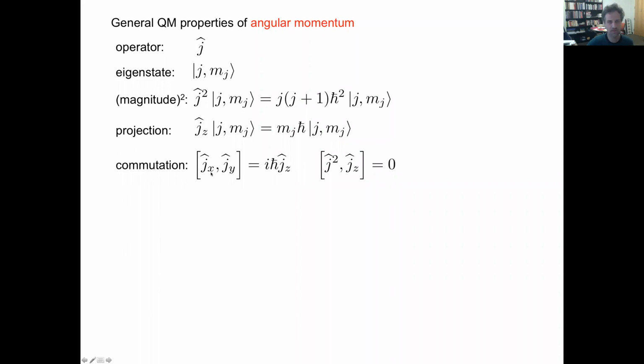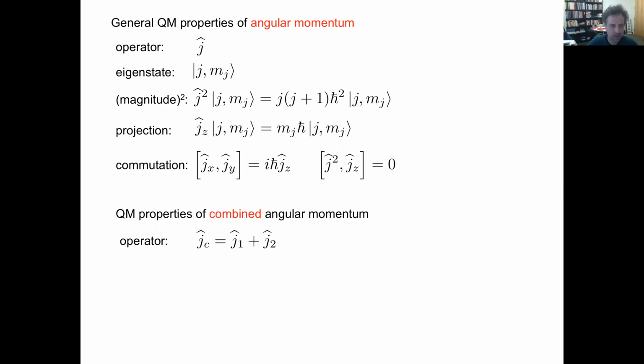If your operator fulfills these conditions, then your operator has the character of angular momentum. Both the operators for orbital angular momentum, L, and the operator for spin angular momentum, S, they both have these properties, right? They must, otherwise they are not operators for angular momentum.